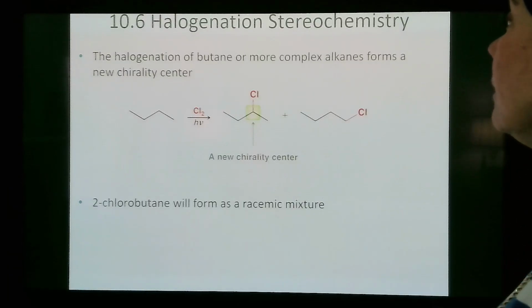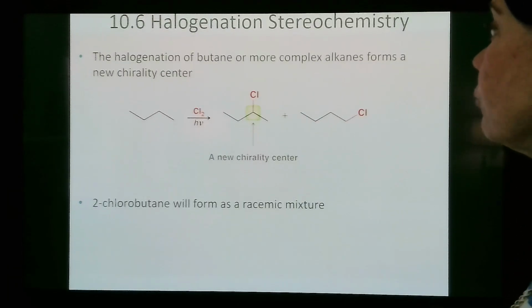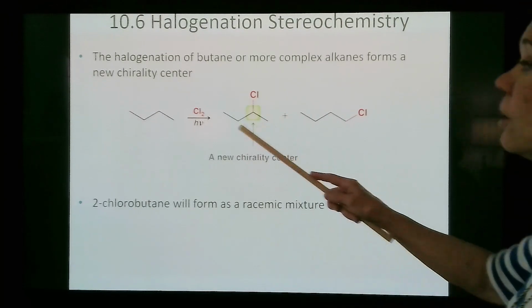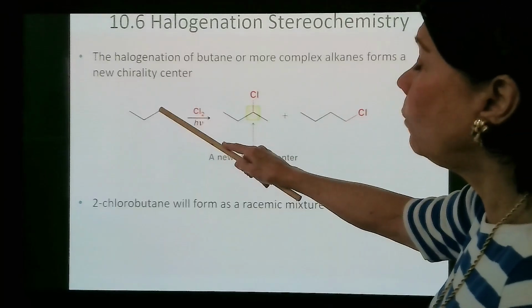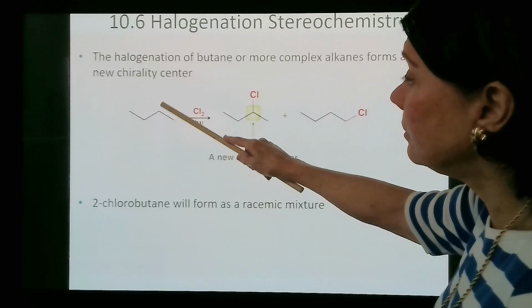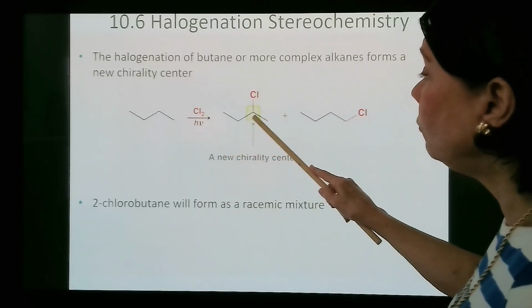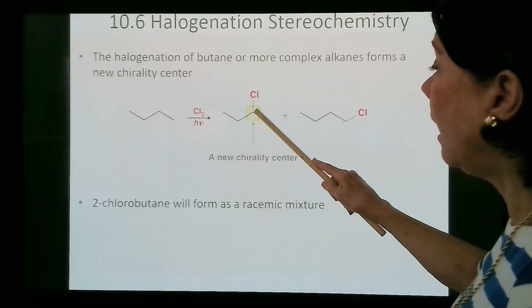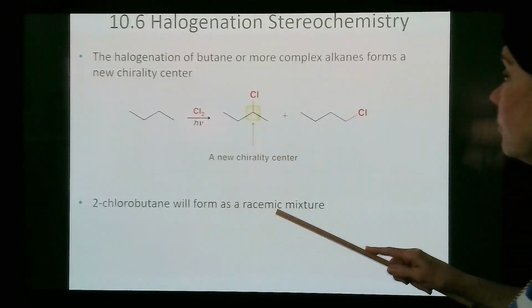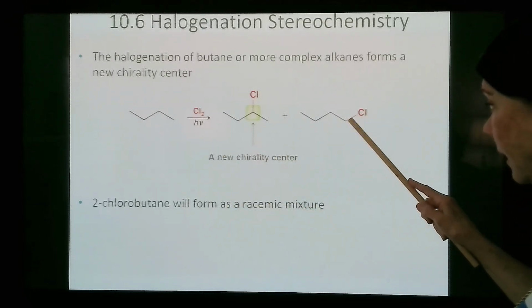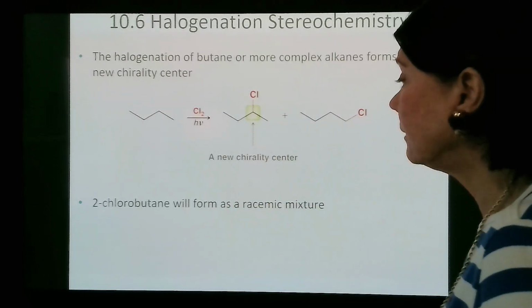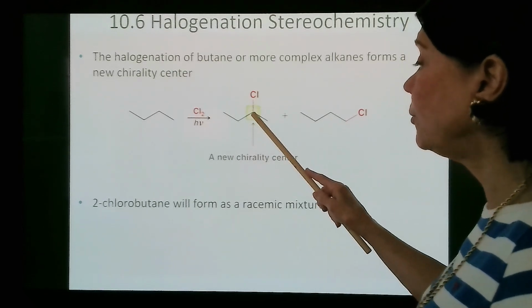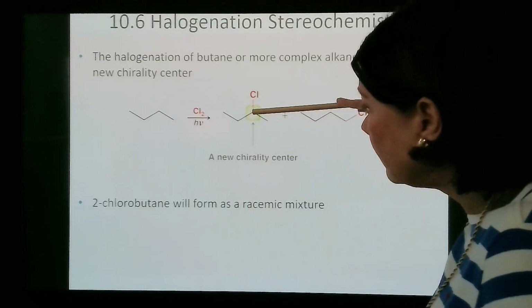So that leads us to the stereochemistry. Note here, when one replaces the CH bond here, you do have a new chirality center formed. And of course, you're going to get chlorination at the primary carbon as well. With the 2-chlorobutane, this is a new chirality center.